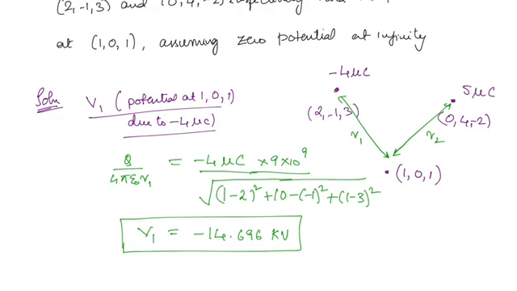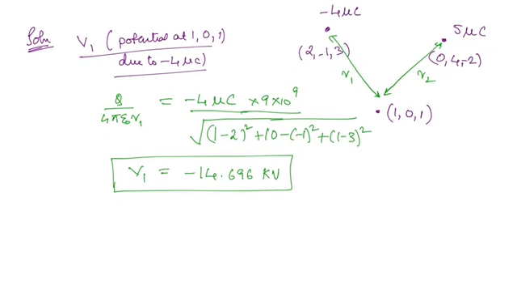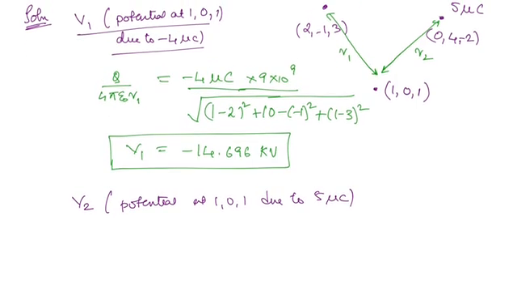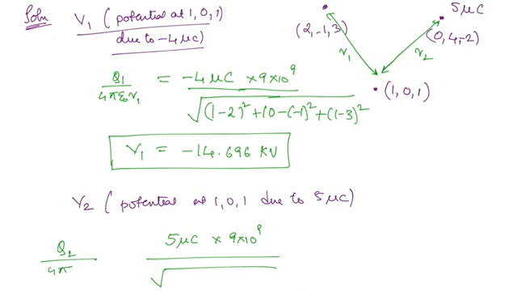Similarly, you can find out the potential V2. V2 is potential at (1, 0, 1) due to the second charge, which is 5 microcoulomb. The formula is the same, but instead of minus 4 microcoulomb you have 5 microcoulomb. So Q2 into 9 into 10 to the power 9 divided by R2.